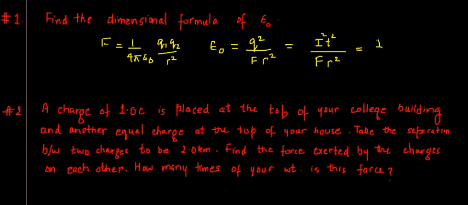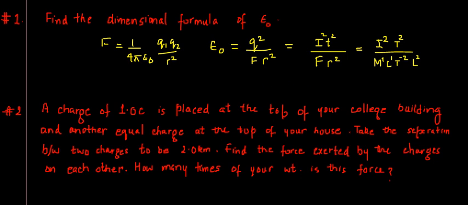Keep it I, say I square. T, we write the general unit of time as capital T, T square. And for force downstairs, we have the dimensional formula M1 L1 T minus 2. And this is distance square, L square.